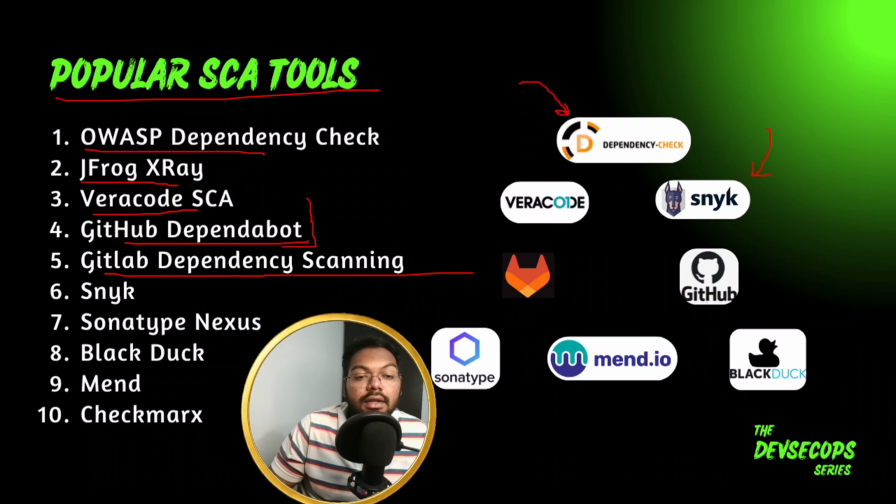GitLab dependency scanning is also there, which would check your application and its packages. Then Snyk is also there. Sonatype Nexus is the repository in that case, and Sonatype can be used to do that. Then Black Duck, Mend, and Checkmarx can be used as well. So these are the popular tools in the market.